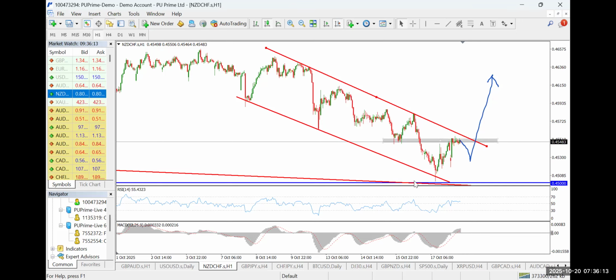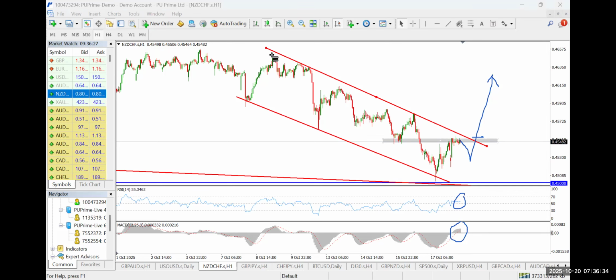If it happens like that and a new candle breaks out above the support turned resistance, you may trigger a buy. RSI is already above 50, MACD is already above zero. So if you're day trading, just watch out for a retracement and a breakout, and you can take a buy on the NZDCHF.